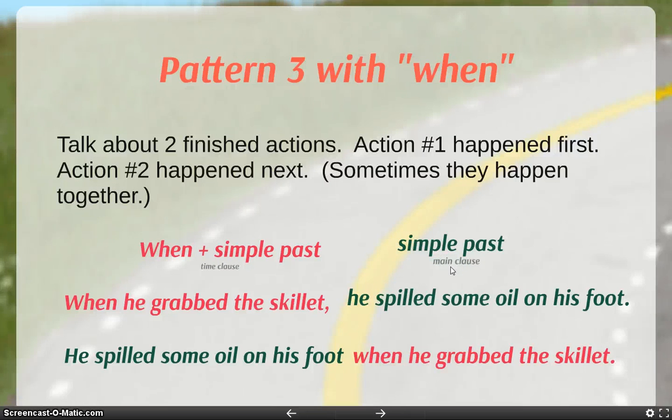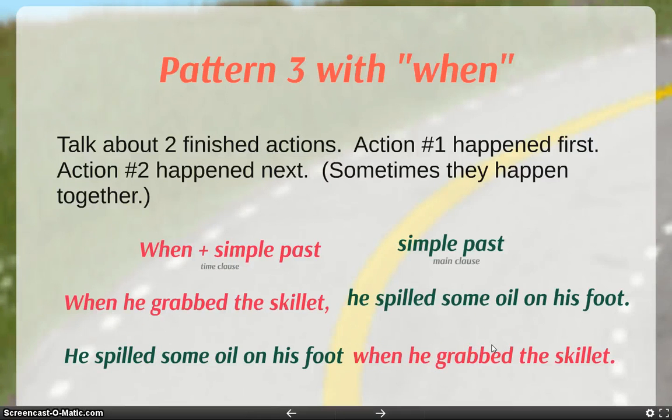Which one happened first? The one with when. Number 1, number 2. When he grabbed the skillet, number 1. Number 2, he spilled some oil on his foot. If you start with the main clause first, he spilled some oil on his foot when he grabbed the skillet. Spilled happened second. Grabbed happened first.